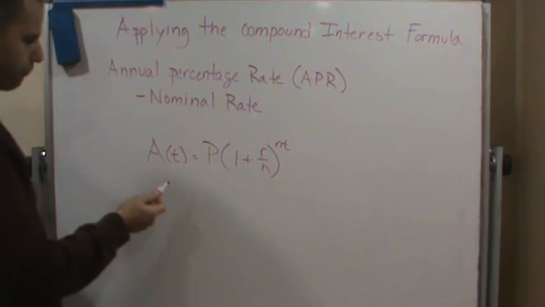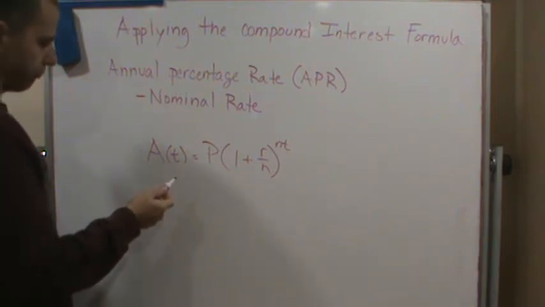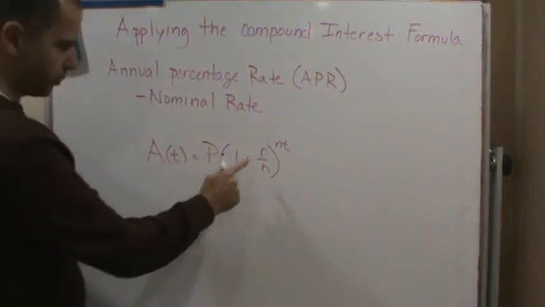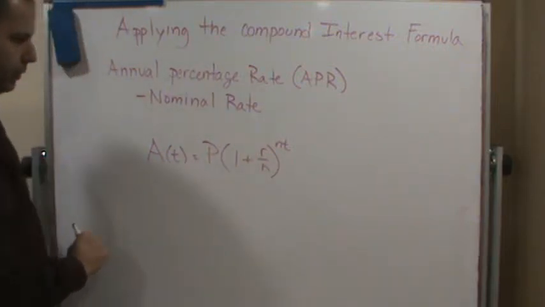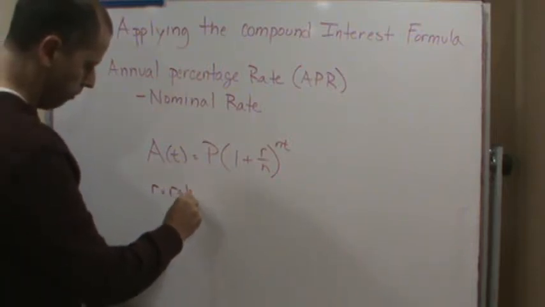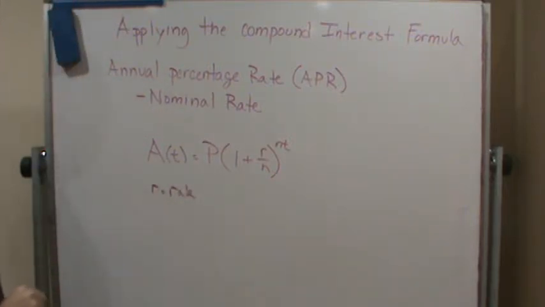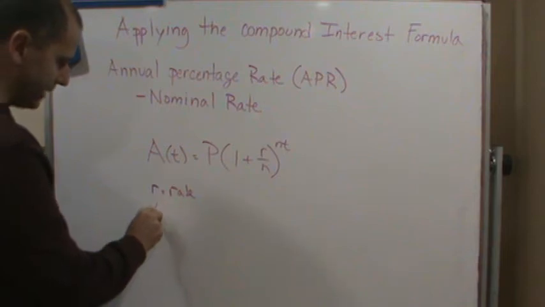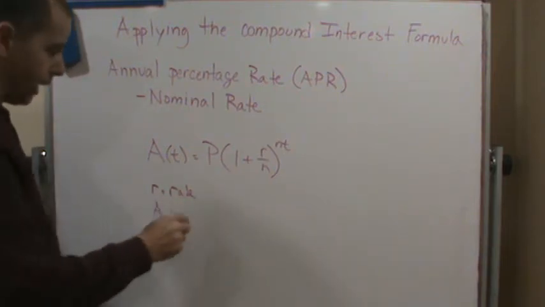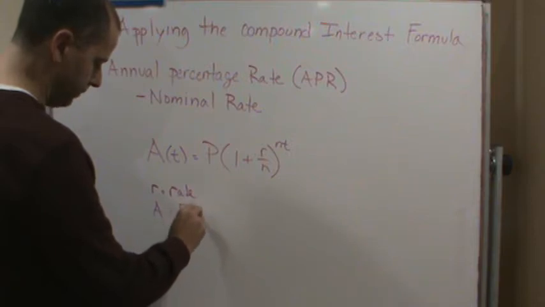Okay, so R is the rate that we're talking about. R equals rate. That's your APR. A is the accumulated amount, or the future value is another way of looking at it.